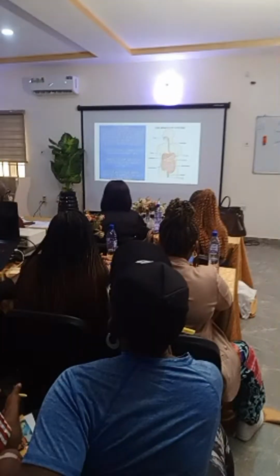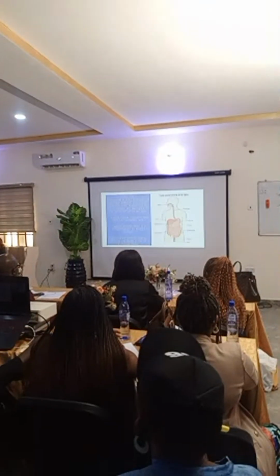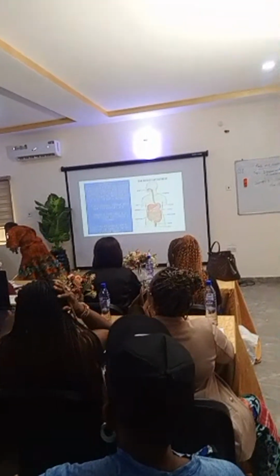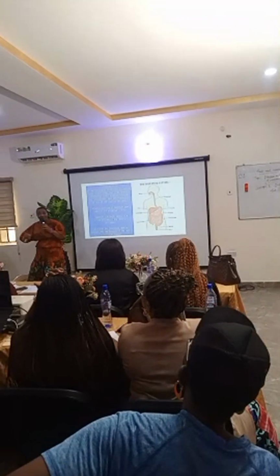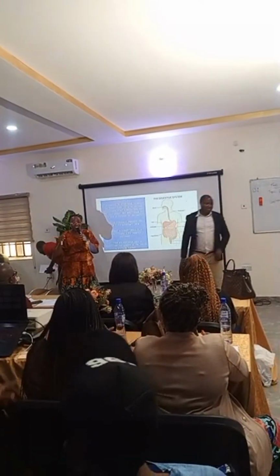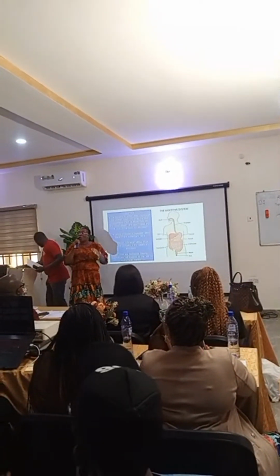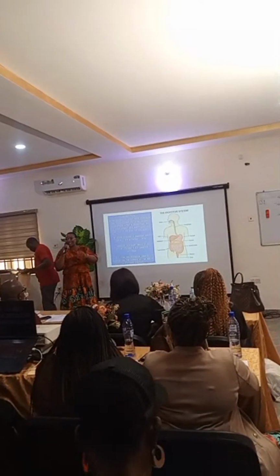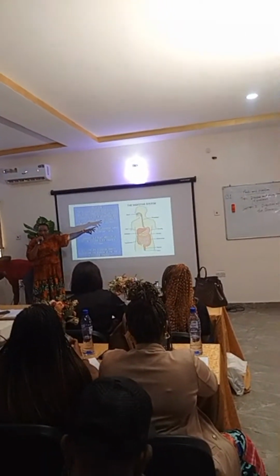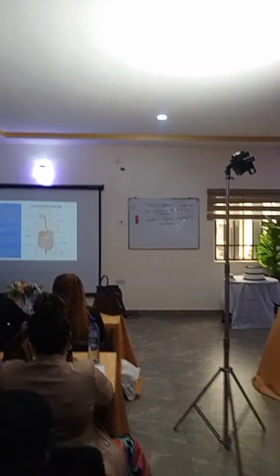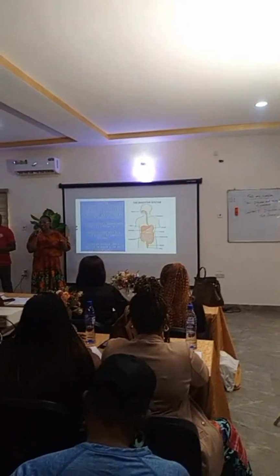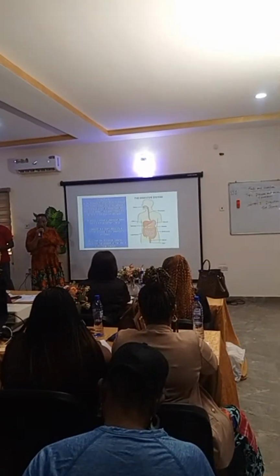Now, we can't talk about digestion of protein in the stomach without talking about the digestive system. Please, one class, don't be distracted, pay attention so you don't lose out. Now look at the structure of the digestive system. The digestive system runs from the mouth to the anus, and it is made up of 10 different parts and organs of the body.